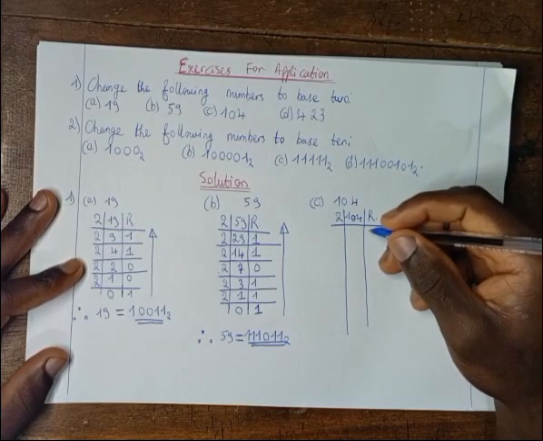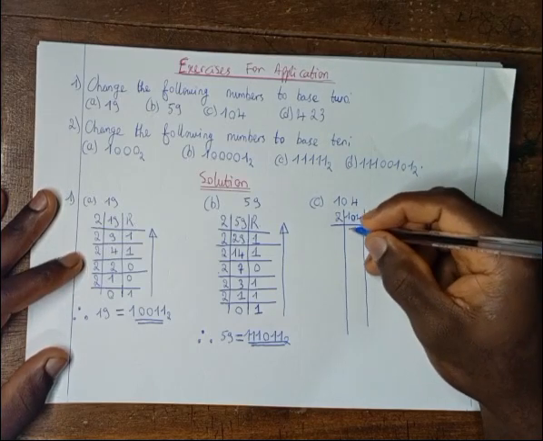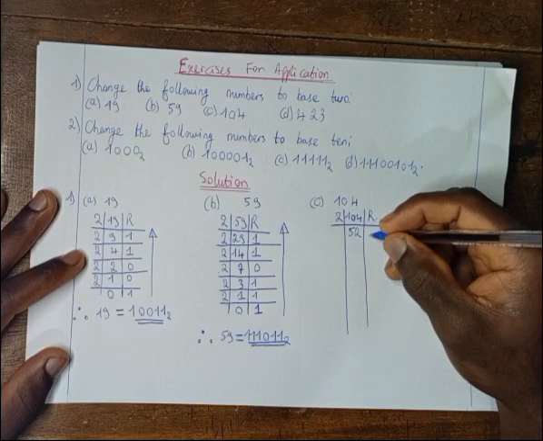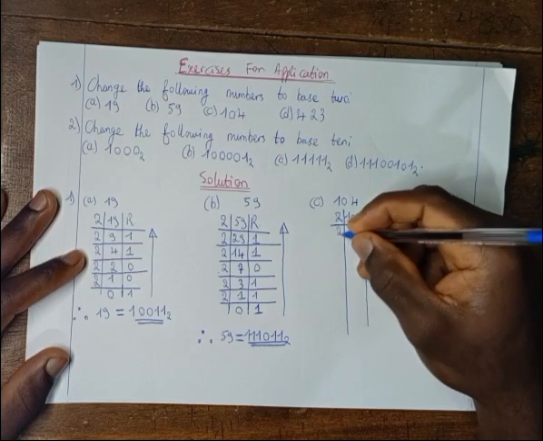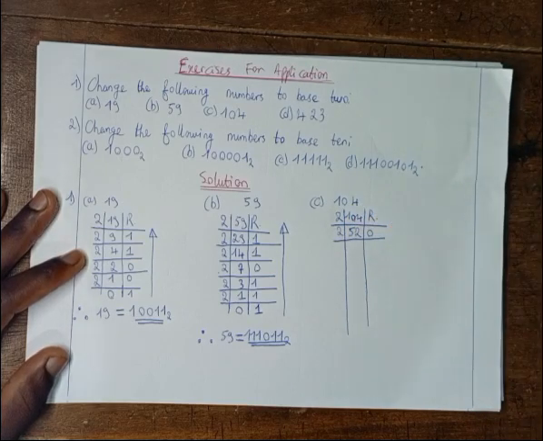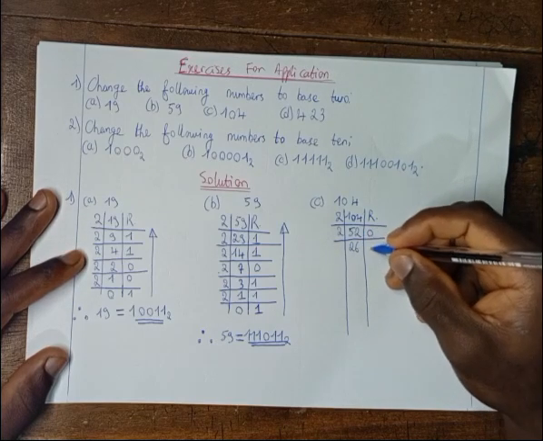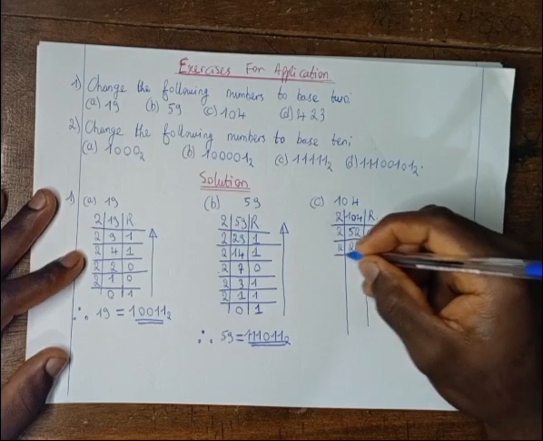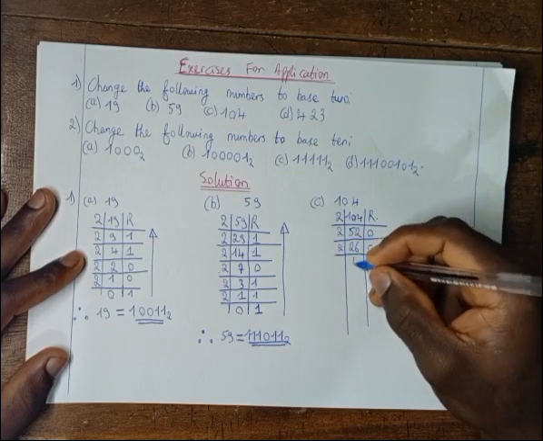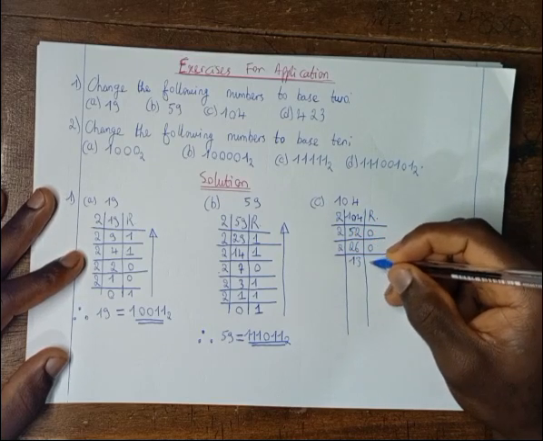Take 104 divided by 2, it gives us 52, remainder 0. We bring down 2. Next, we have to divide 52 by 2, which gives us 26, remainder 0. We bring down 2. 26 divided by 2 gives us 13, remainder 0.